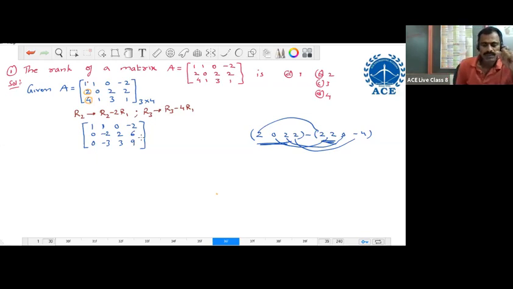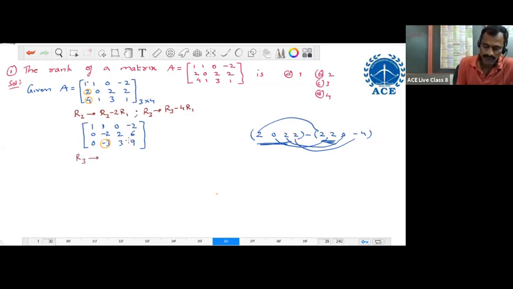After completion of the first column, we go to the second column. Along the second column, below the second element, it should be 0. To make it 0, we apply a row operation, using the second row only. Use the element -2 and make this 0.